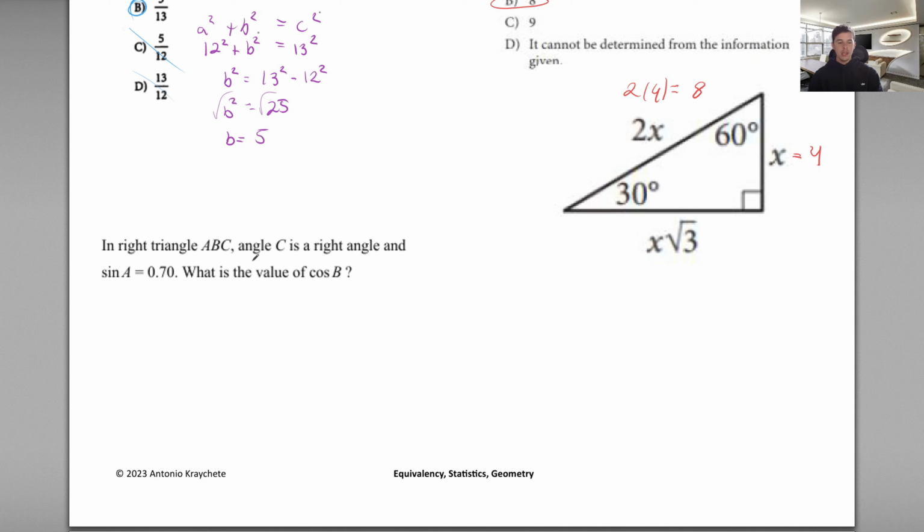In triangle ABC, angle C is a right angle. Okay, so let's see it here. Triangle ABC. We know that angle C is a right angle, so this is the right angle. A, B, it doesn't matter where A and B are, you decide by yourself. We know that sine of A equals 0.70.